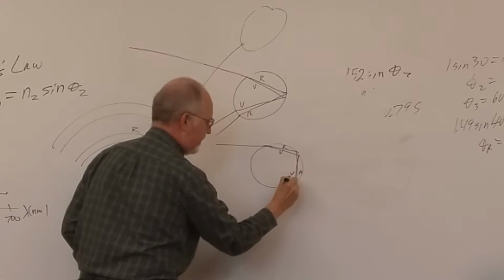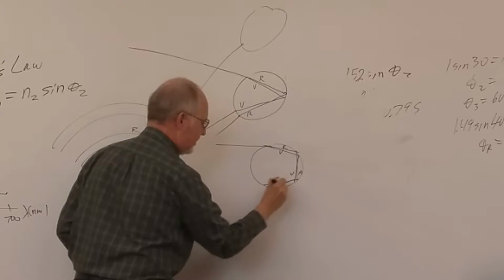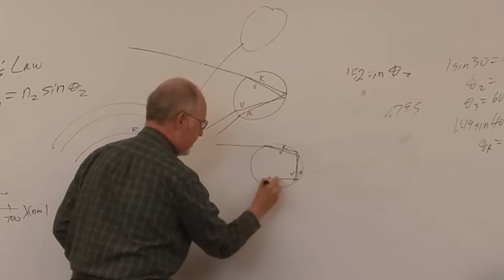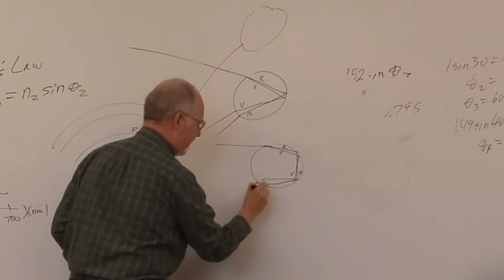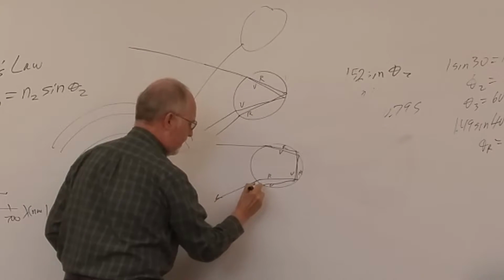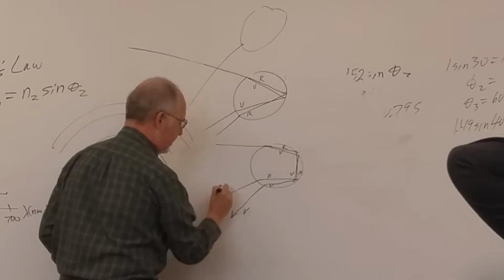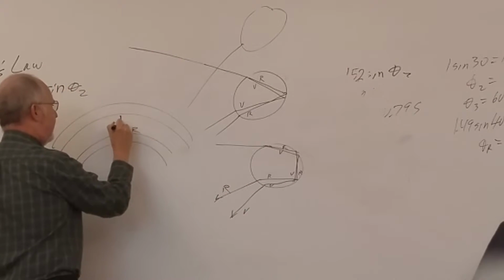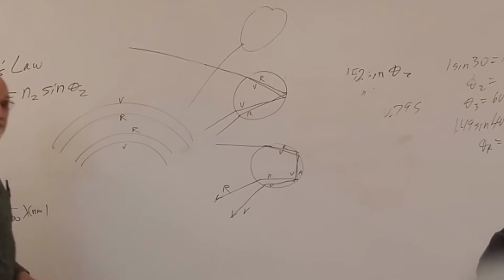You've got now violet, red this way, and then there's another reflection. So the red should be on top, violet on the bottom. The red's coming out at a smaller angle, and the violet at the bigger angle. And the colors are reversed in that secondary rainbow. It's a double reflection going on inside the raindrop at that point.